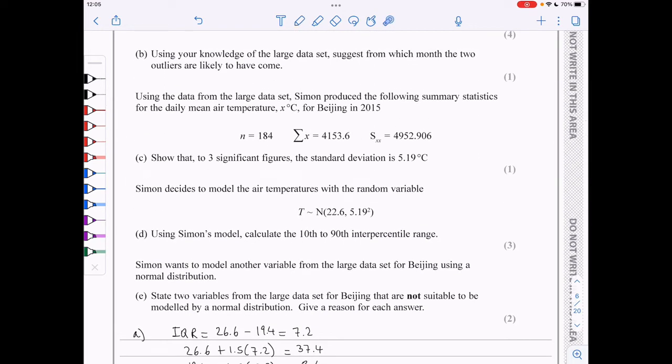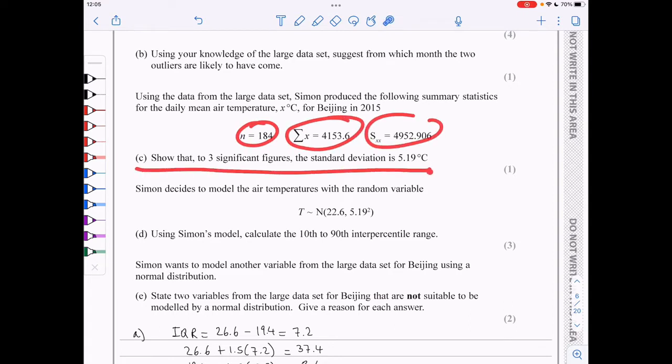Now, we're beginning the summary stats for part C and being asked to show that to 3SF the standard deviation is 5.19.